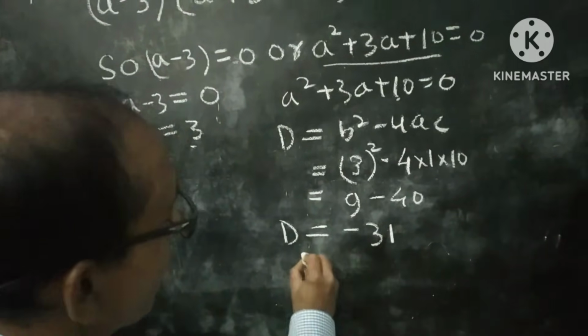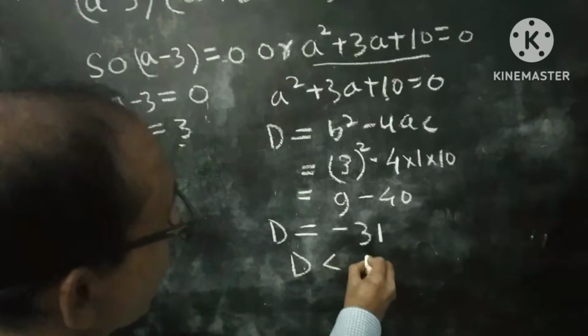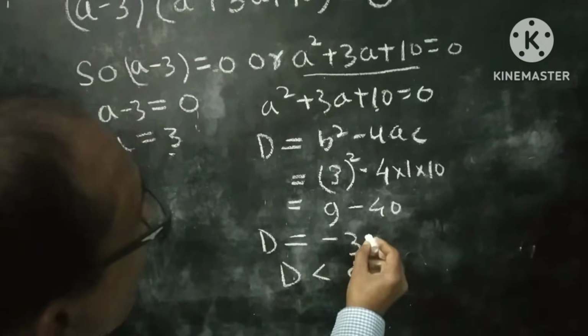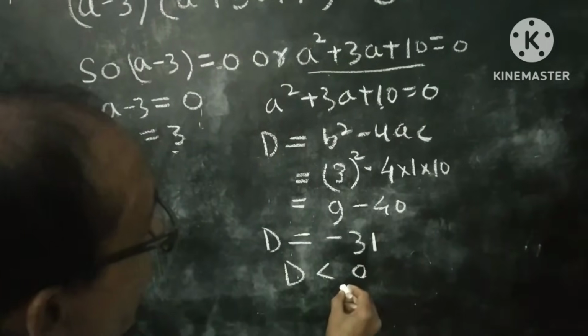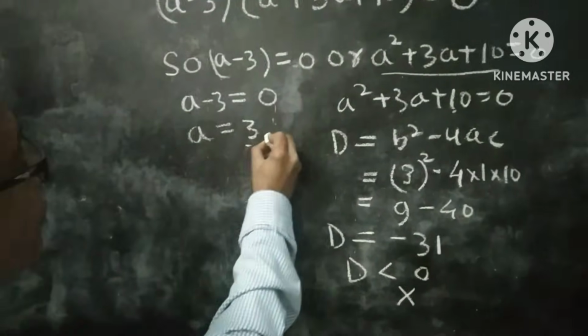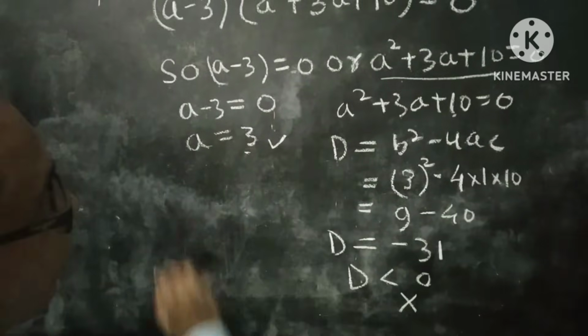Since D is less than 0, it is not a real root, it is an imaginary root, so we ignore it. So a equal to 3 is our root.